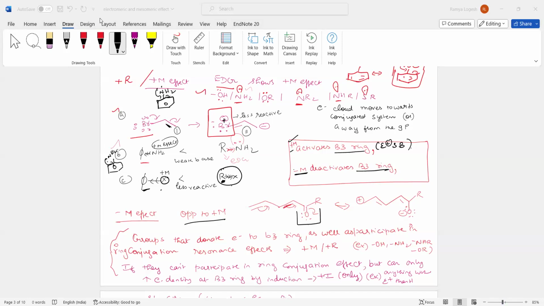Ma'am, for the second case study, can you explain why the benzene ring is less basic? See, when you say weaker base, it means it does not have much electron density on it. We should have studied Lewis acid and Lewis base, isn't it? A base is the one which donates electrons, a Lewis acid is the one which accepts electrons. If the lone pair on the nitrogen is still available on nitrogen, then it will be a very good Lewis base. Considering aniline and a common alkyl amine, we know alkyls themselves are electron donating groups.